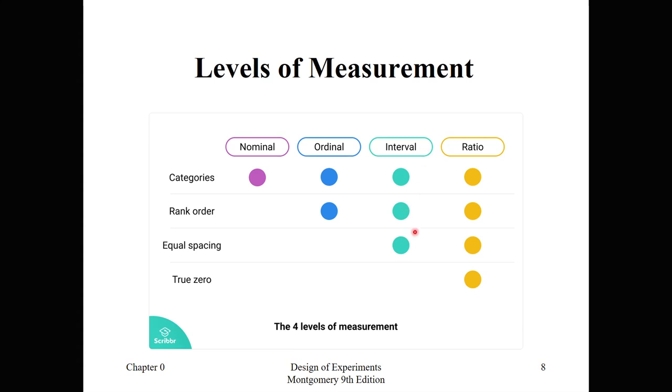So interval data says we do know. We do know that it has equal spacing. One great example of interval data tends to be something like the temperature, where the temperature change from 31 to 32 degrees is 1 degree different, and the temperature change from 98 to 99 degrees is 1 degree different. It doesn't really matter where you are on the scale.